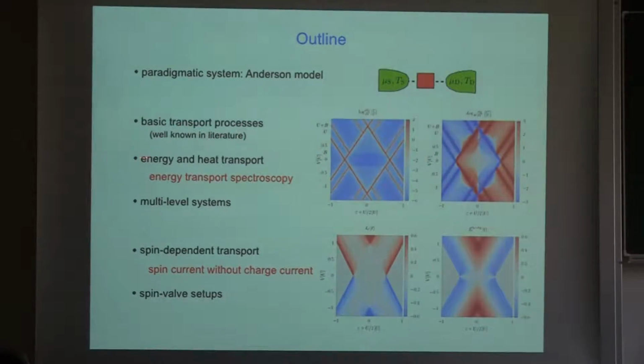Then I will come to the new results, namely, we studied the energy and heat transport in these systems and provided a kind of energy transport spectroscopy. I will briefly show you some results on multi-level systems to go away from this simplistic paradigmatic model. And then in the second part of the talk, I will move on to spin-dependent transport. In particular, we will see that there can be spin current without charge currents in these systems if you choose the parameters right.